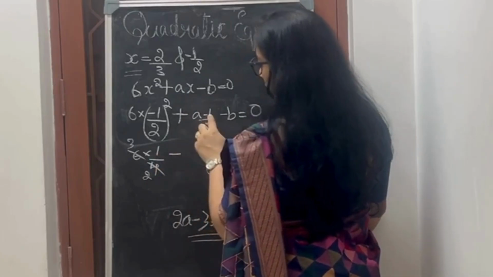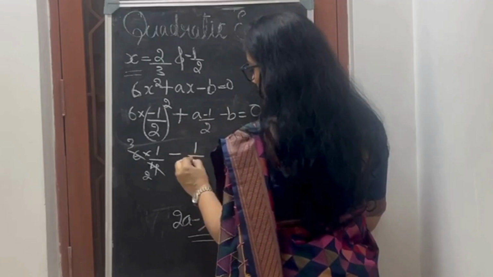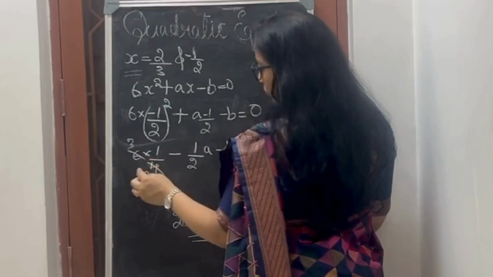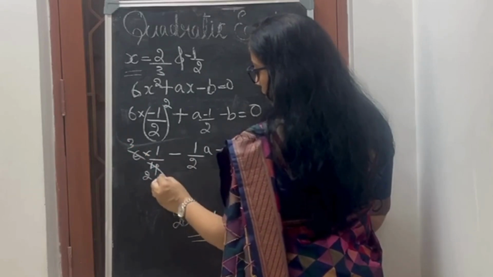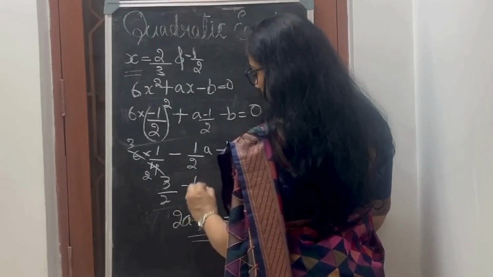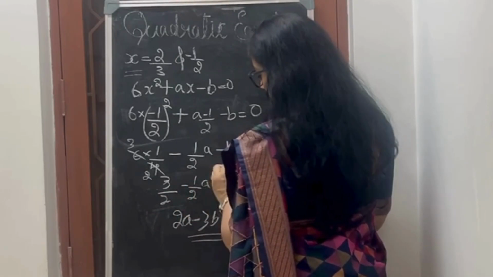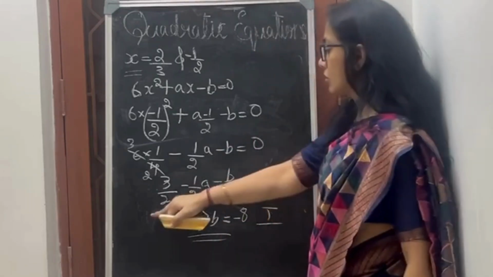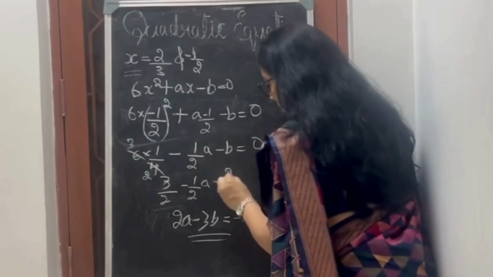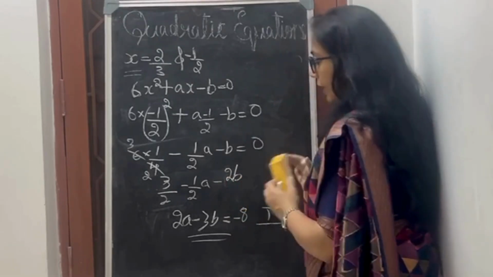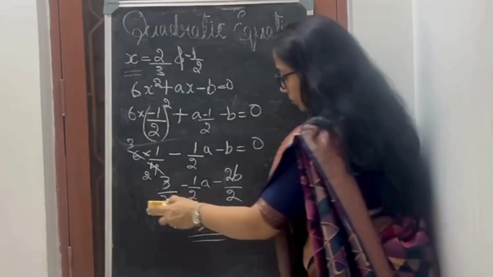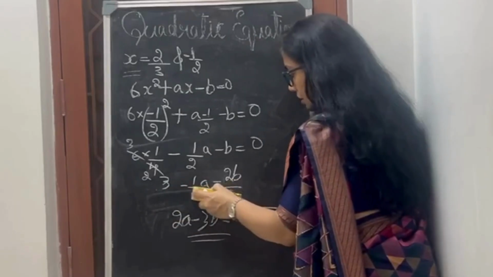Minus into plus is minus, so minus 1 by 2 a minus b equals 0. So it will be again 3 by 2 minus 1 by 2 a minus b. Here again, because 2 is the LCM, this will become minus 2b. Because they have the same denominators after taking the LCM, I remove all the denominators.